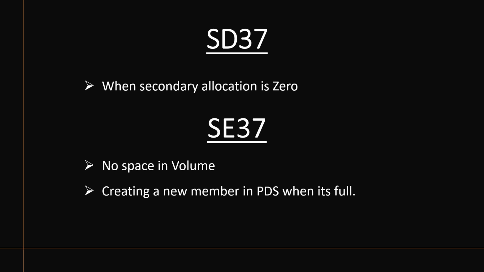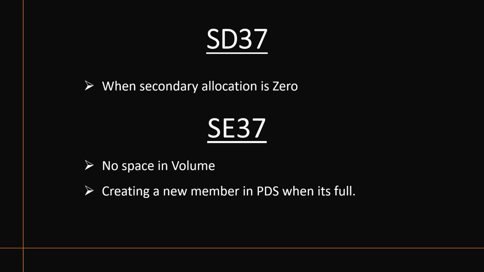So when you create a data set only with primary allocation and there is no space for the data set to grow more, suppose you have given a primary allocation of 5,000 and your data set is 4,000, then it will stop there and will not abend. But if your data set needs 5,001 tracks, then it will abend with SD37, which means there is no secondary space for it.